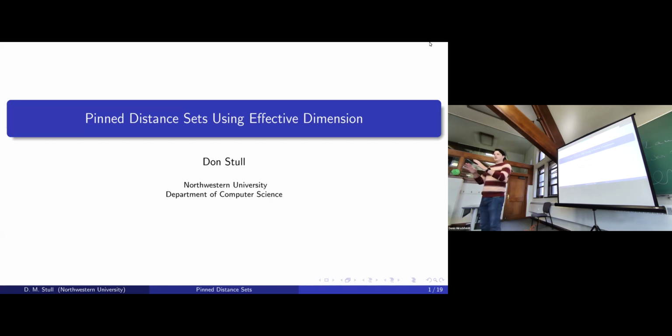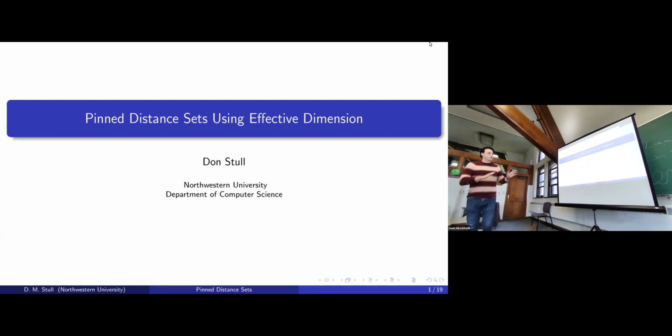In particular, we're talking about proving theorems that don't have any computability in the statements, but in the proofs, we go through the effective domains. This talk is going to be on a very recent application of effective dimension to something called pin distance sets.